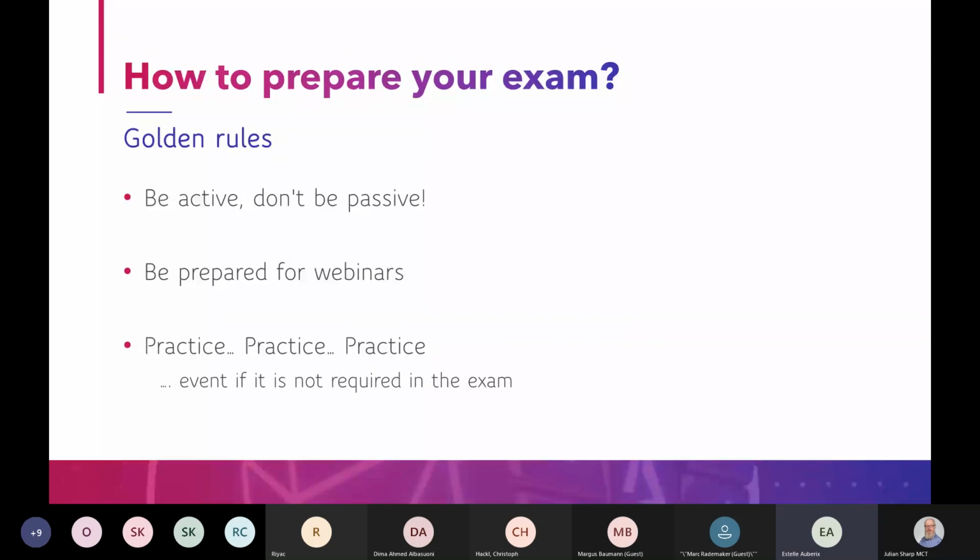Be prepared for the webinar. What do I mean when I say be prepared for the webinars? Microsoft proposes a lot of webinars, and I'm often a moderator with Microsoft on these webinars, and I can see that a lot of attendees connect to the webinar without any knowledge of the product.